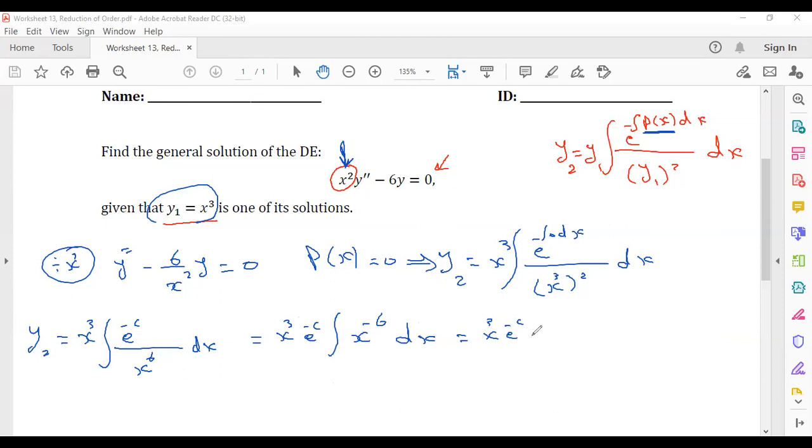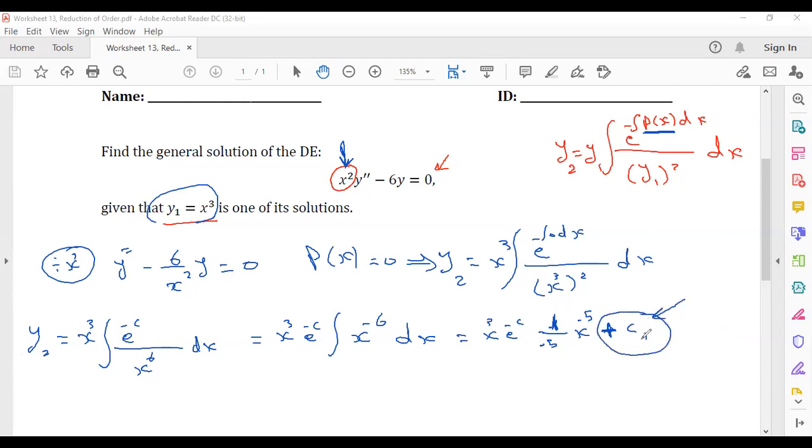So I'm going to add 1 and divide by the new power, so it is 1 over negative 5, x to the power negative 5, plus the new constant c1. This is your y2. Okay. Now, well, students, Professor, you said that in y2 there is no need to add c, and here you did.